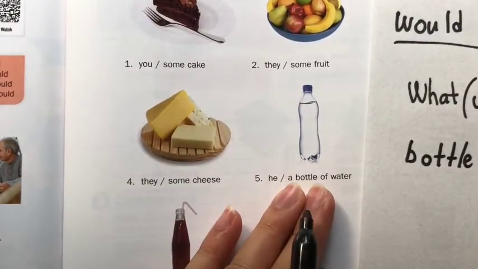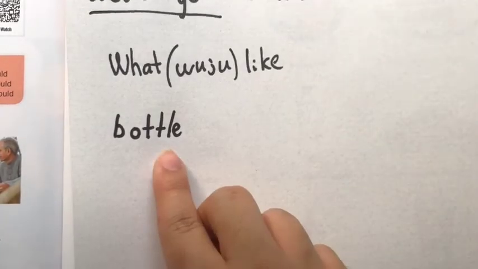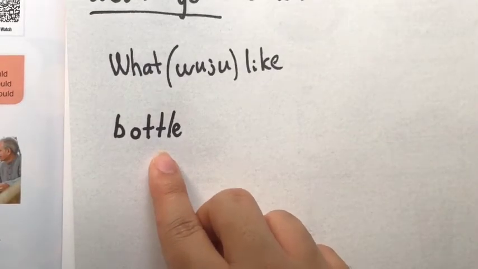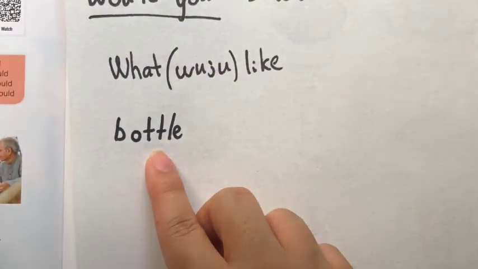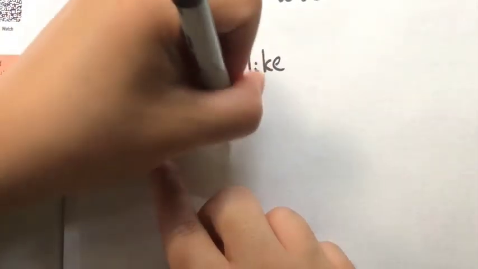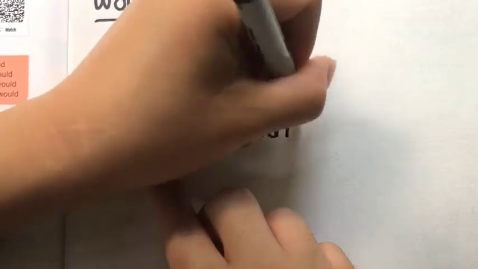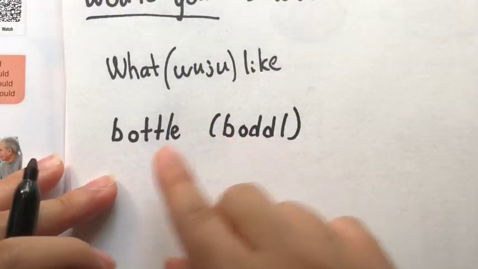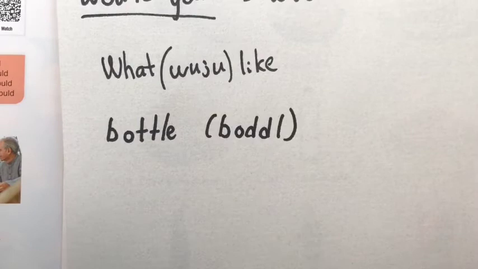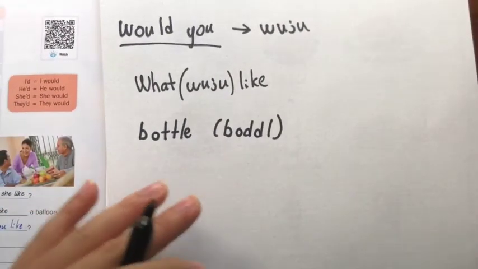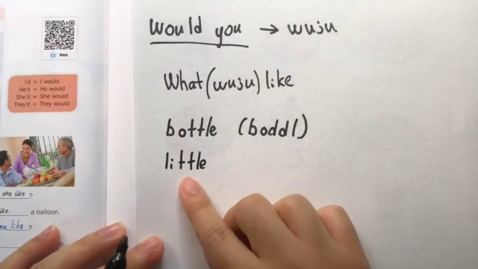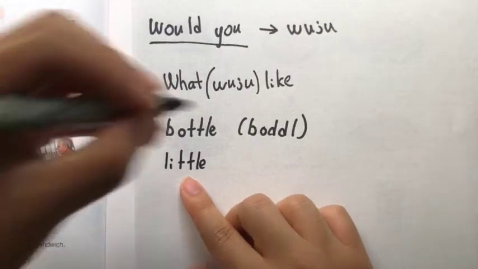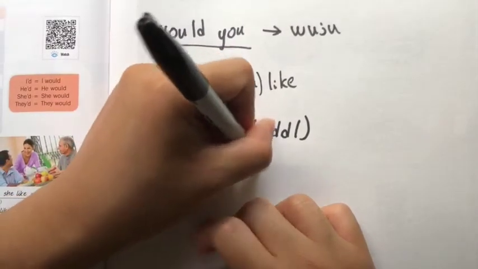The word bottle has two T's, so you think we would say "bottle," but in American English, we say bottle, it sounds like bottle with a D. Why? I don't know, but it's bottle. It's like the word little.